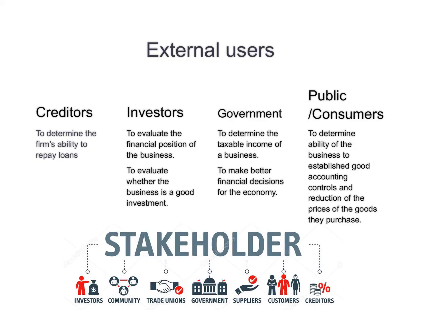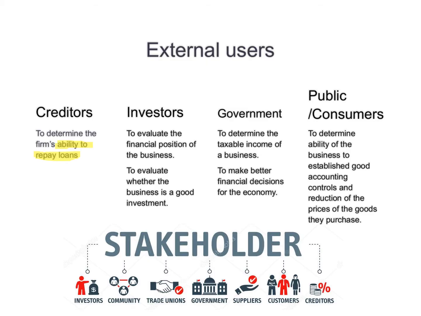So creditor ni dia nak financial information untuk determine the firm's ability to repay the loans. Creditor ni boleh juga berbentuk bank. Bank pun creditor juga. Bila dia bagi kita loan, dia nak tahu kita mampu bayar balik ke tak. So that is why dia perlu tengok kita punya financial statements.